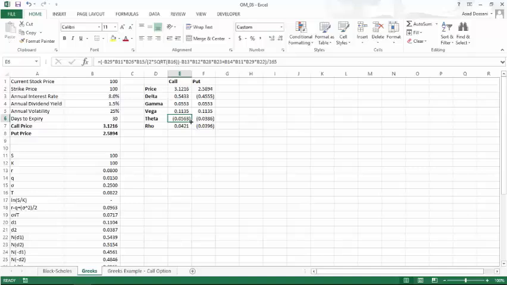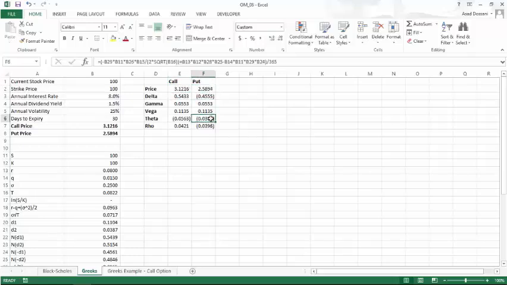Okay, so from day 30 to day 29, assuming nothing else changes, remember the all-important assumption that everything else is held constant, then the option will decay by this amount. And then the put option, you can say, is also decaying by a smaller amount. Likely this is because the put option is actually worth less, so it has less to decay.